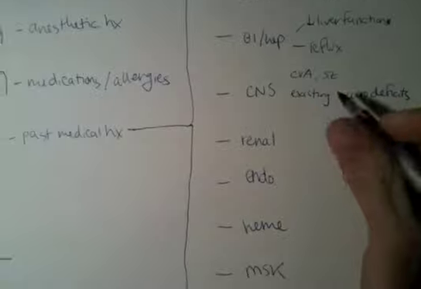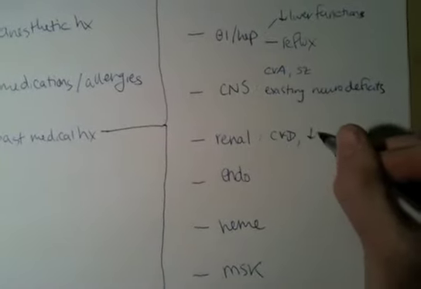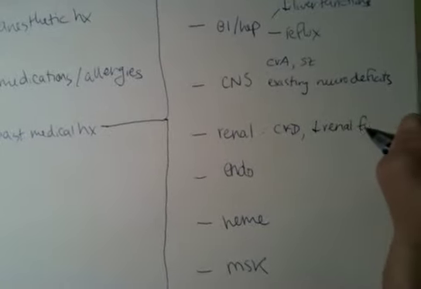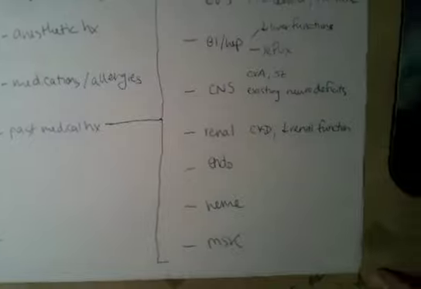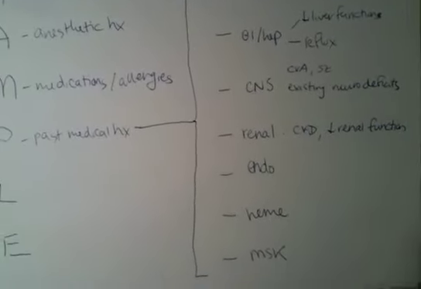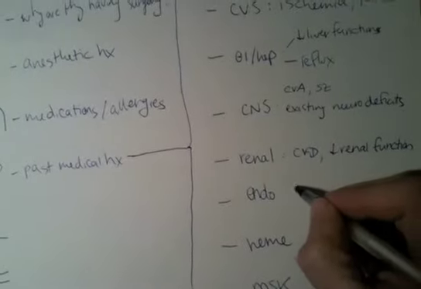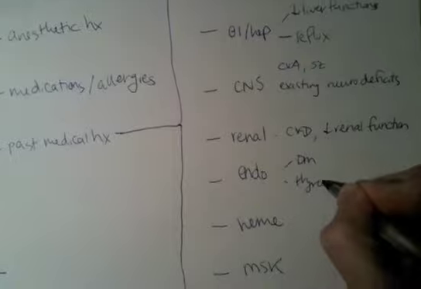Renal function, you want to know about a history of chronic kidney disease or any other form of decreased renal function. Again, because the kidney is very important in the excretion and elimination of many of the drugs that we give. The endocrine system, you want to know about a history of diabetes, any thyroid problems.